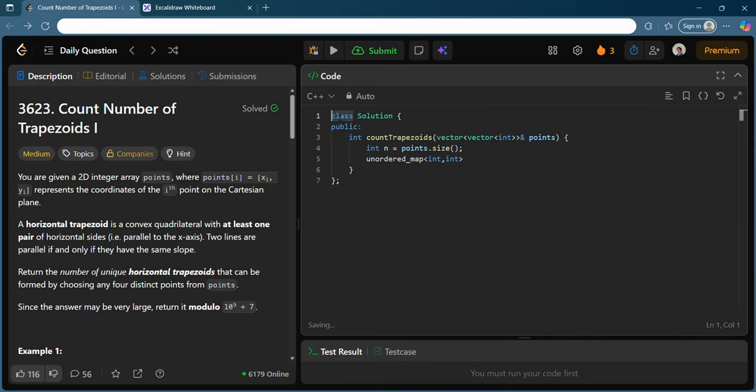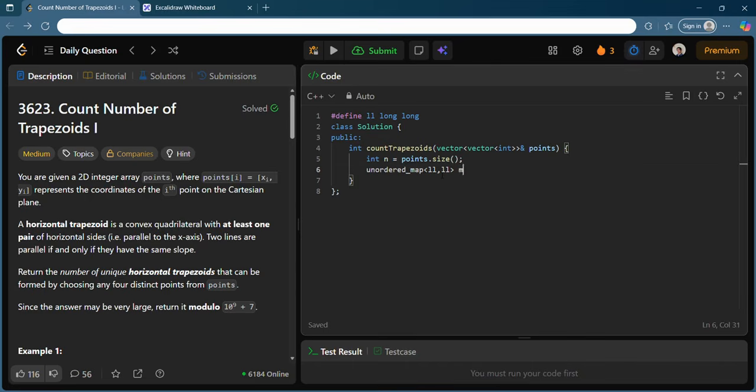I will use long a multiple number of times here, so let me define hash define ll long. I have this frequency map, which will give me the y coordinate comma the frequency.